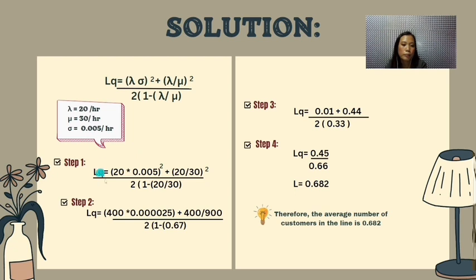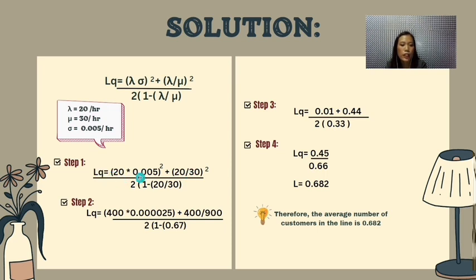So, next step is, kailangan nating i-follow yung PEMDAS rule. According to PEMDAS rule, we need to first calculate yung equation na may exponent, which is itong numerator. So, first, when we say exponent dun sa equation, ibig sabihin nito, kinakailangan mong i-multiply yung variable by itself.